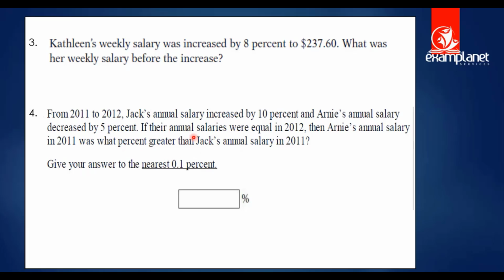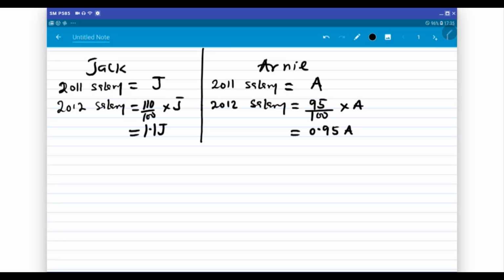Okay, but this statement is what is very important for us. Their salaries in 2012 were equal. So what is Annie in terms of Jack? To the nearest 0.1%. So let's see what that will be. So the question says their salaries in 2012 were equal. So what does that mean?